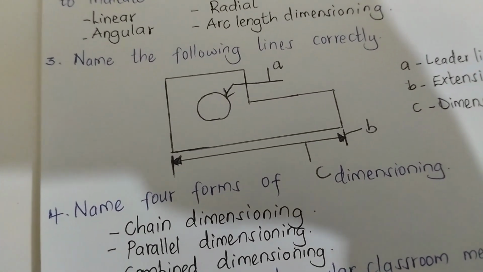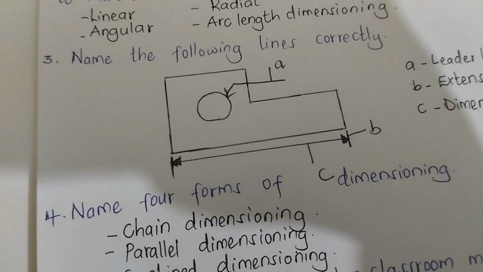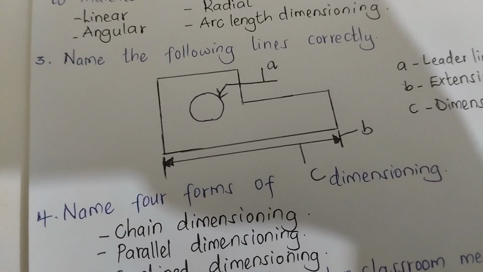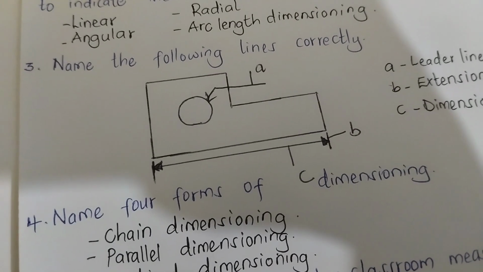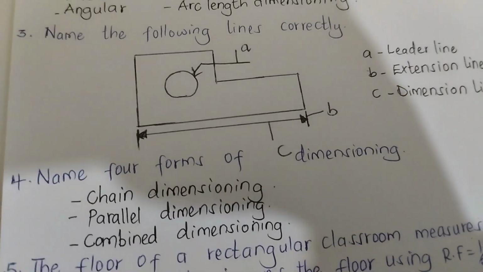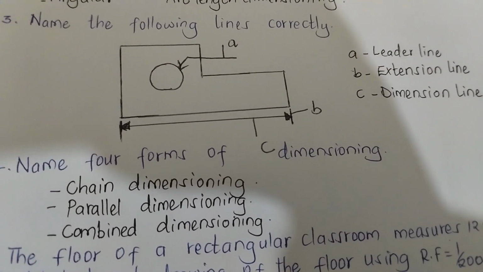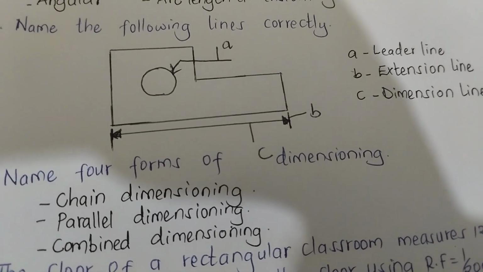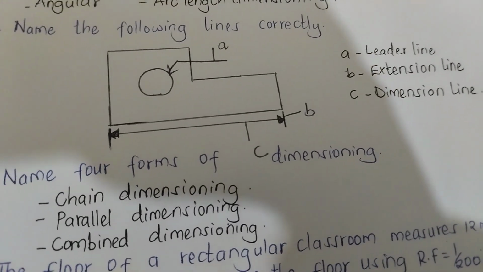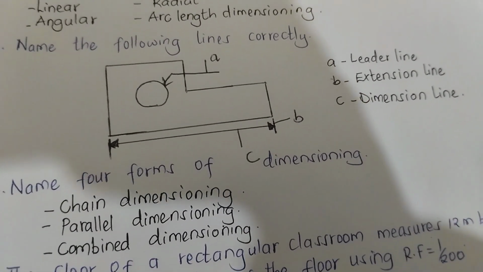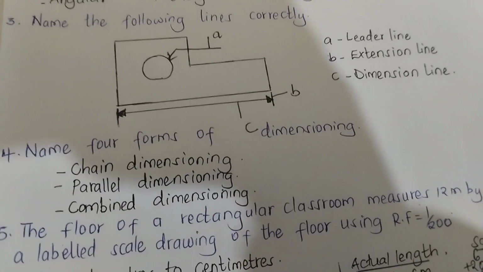The extension line normally connects the object to the dimension line and clarifies the points between which the dimension applies. Then the last one is the dimension line, which is a line that indicates the extent of the measurements being shown. So I hope that is clear: the leader line, the extension line, and the dimension line.